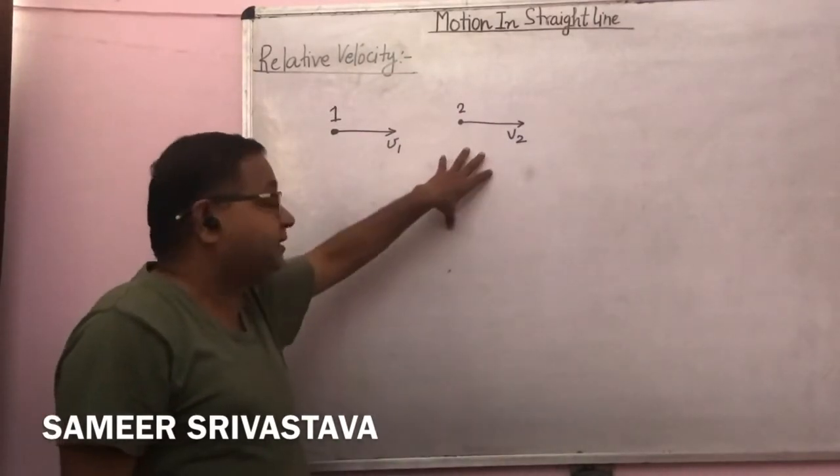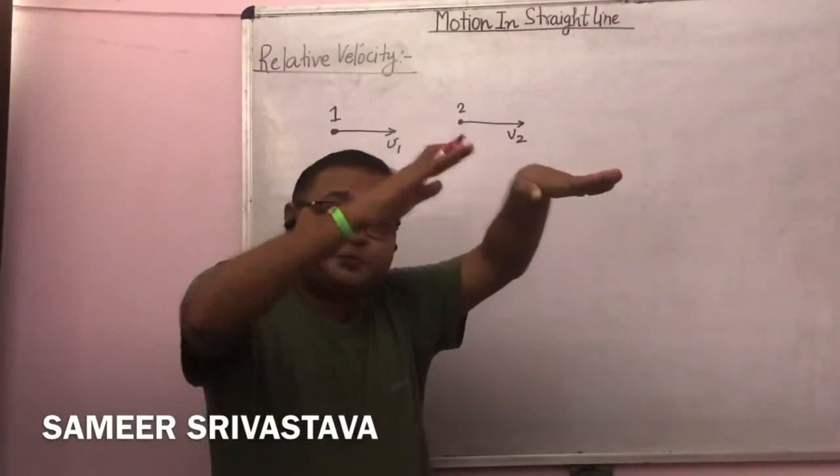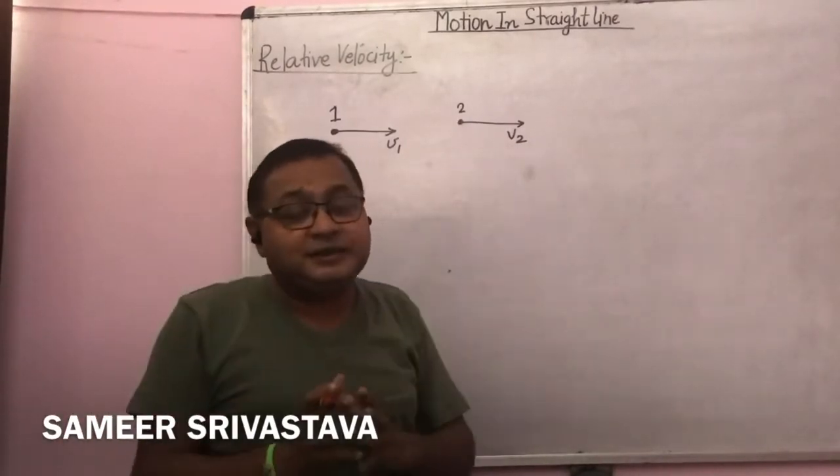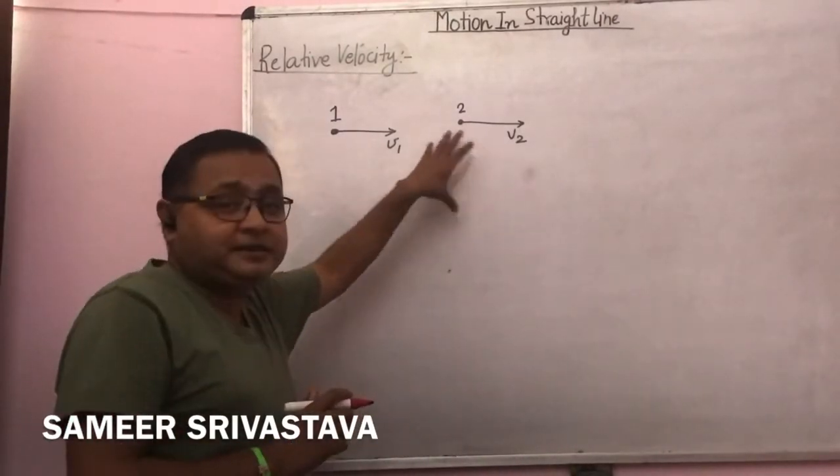So, relative velocity is what? The velocity of one object with respect to another object. That is called relative velocity. Here we have two objects, 1 and 2.